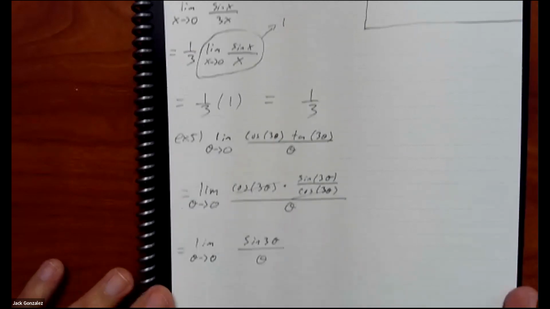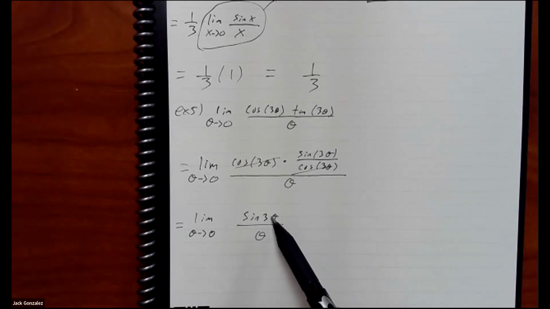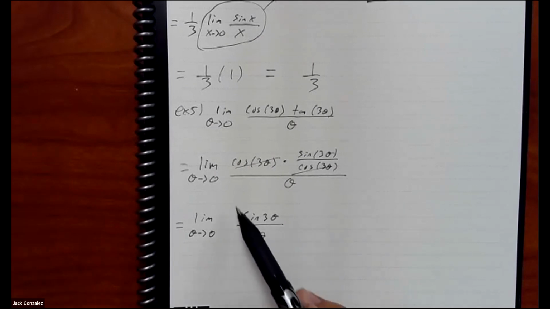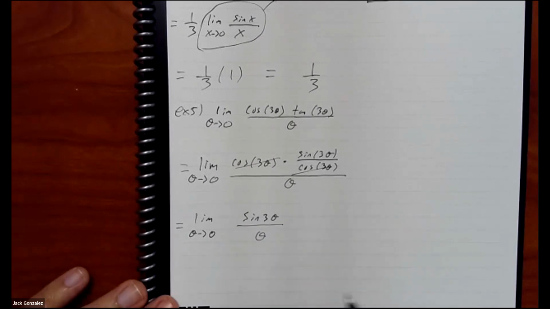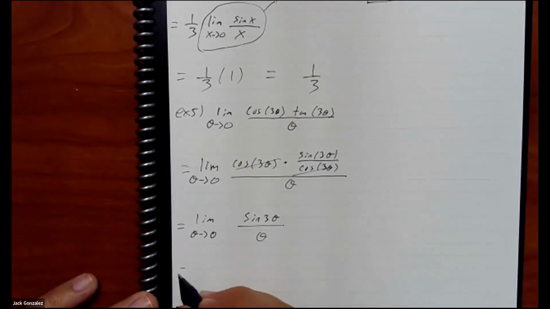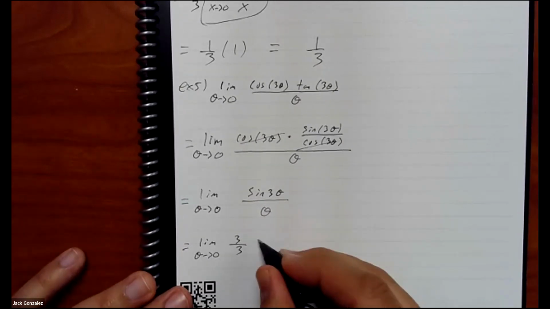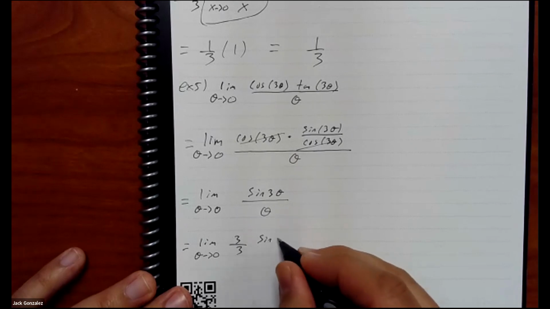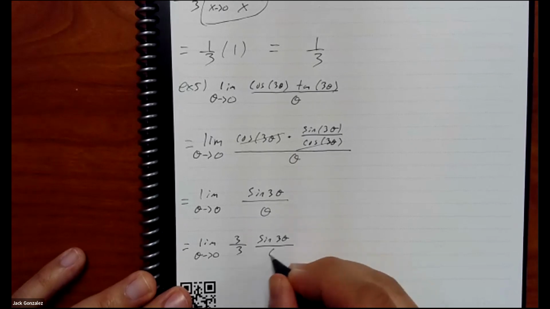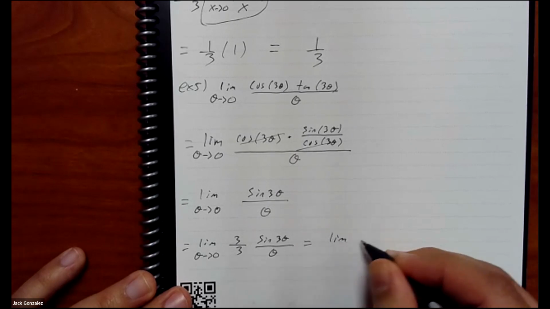So I can't take the limit yet because it needs to be exactly the same. So I need a 3 down here. So purposely introduce a 3 and you'll be good. So what I'll do is multiply the top and bottom by 3, getting me to here.